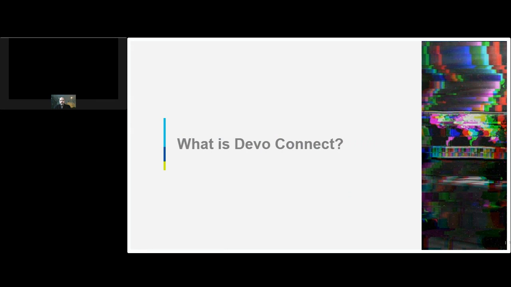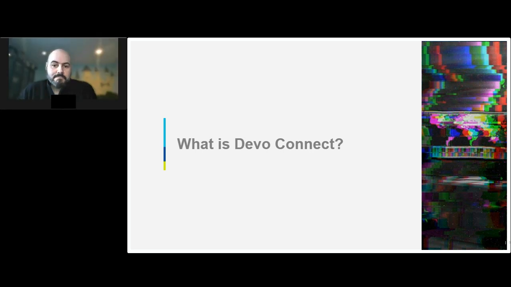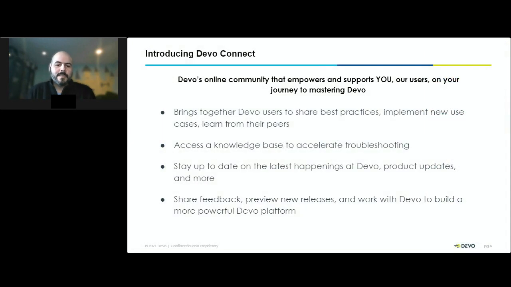Yeah. So what is Devo Connect? Devo Connect is your communal resource on your journey to mastering Devo. So you can just have gotten Devo, you've been using Devo for a while, you're a master at Devo, you're a developer, you're a team leader. It's for everyone using Devo to jump in together and answer researchers' questions and share their journey to getting to a master level, right?